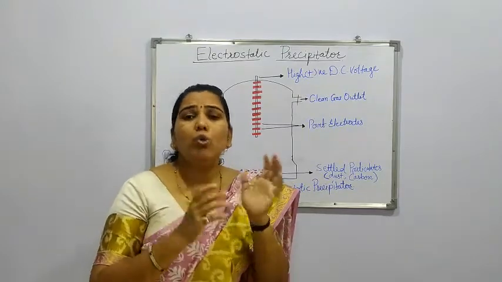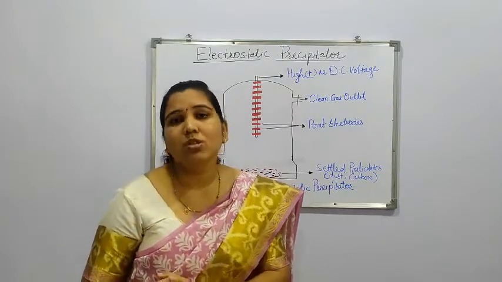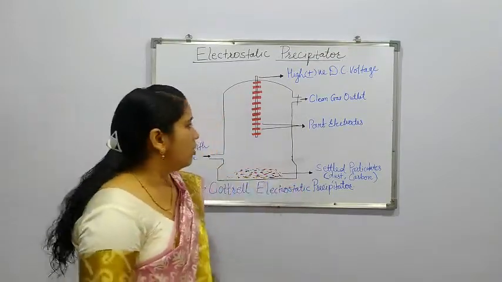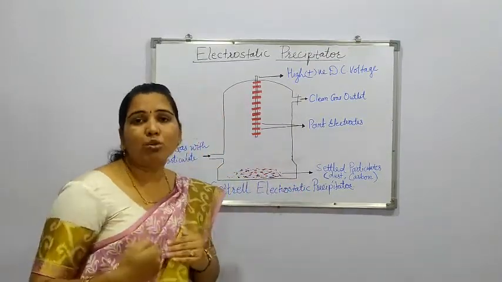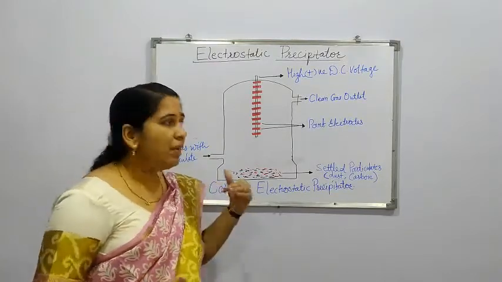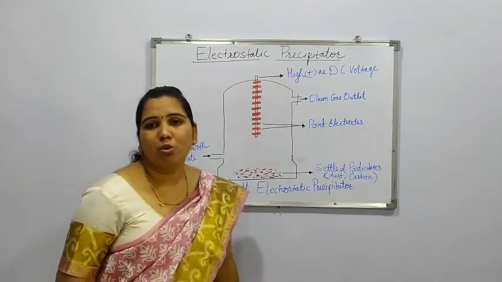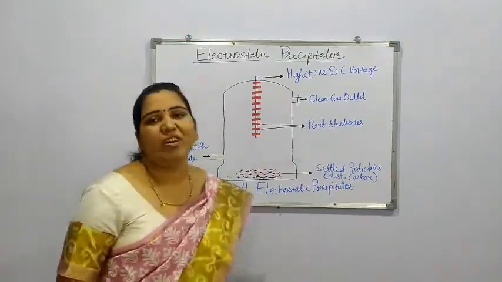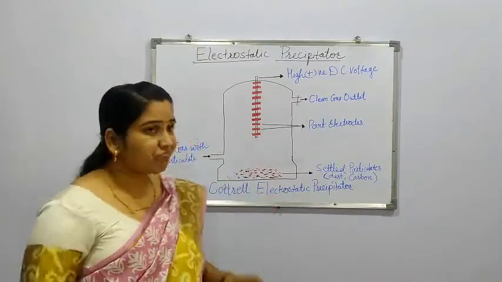Sometimes using too little oxygen results in more and more smoke formation. That can be reduced, minimizing the presence of smoke. But once smoke is produced, it can be passed through this Cottrell electrostatic precipitator.